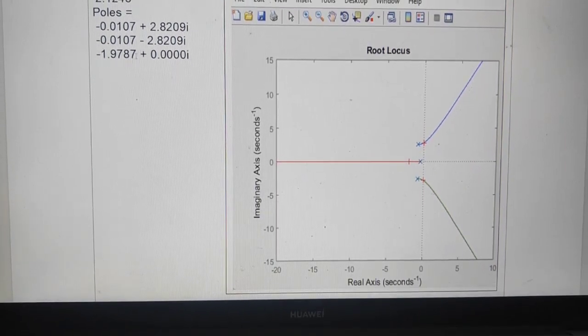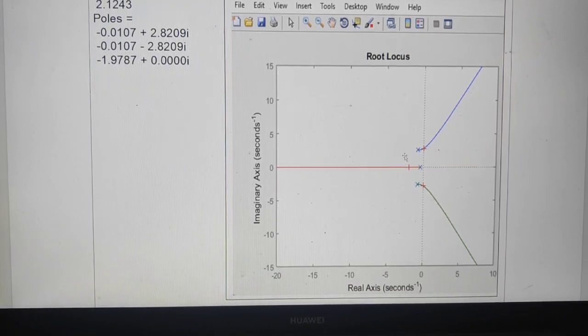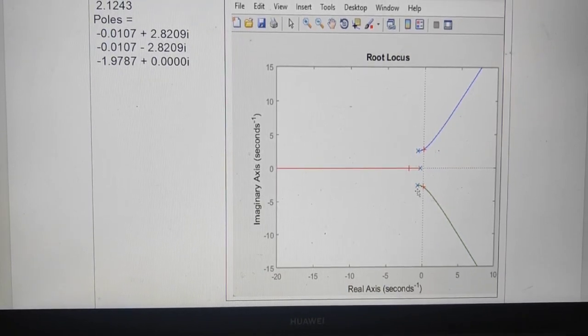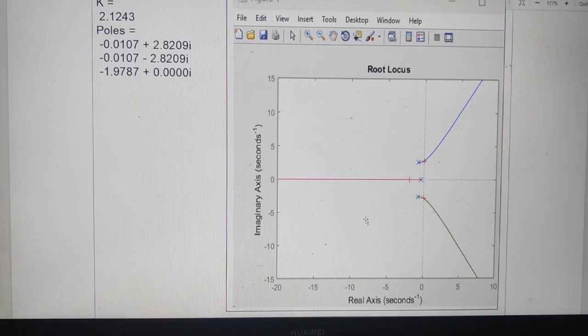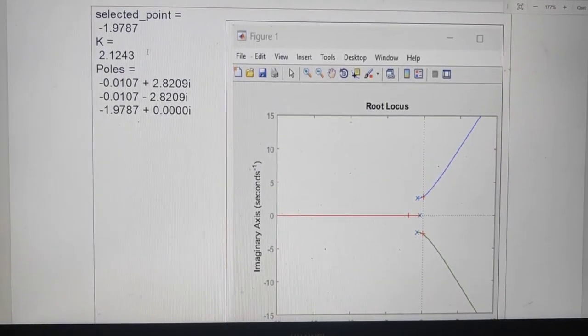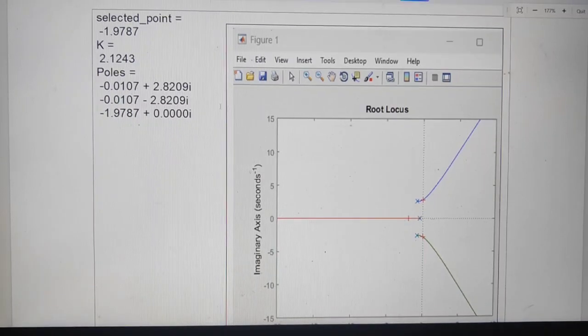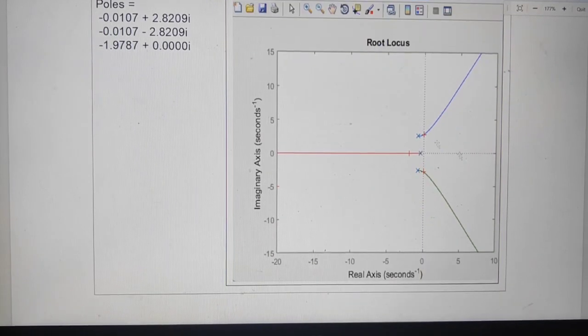These three poles are these three here, and the k is here, which is 2.1243. So these are the root locus.